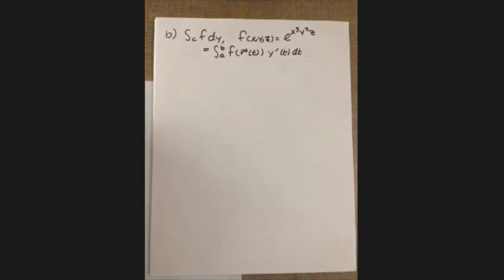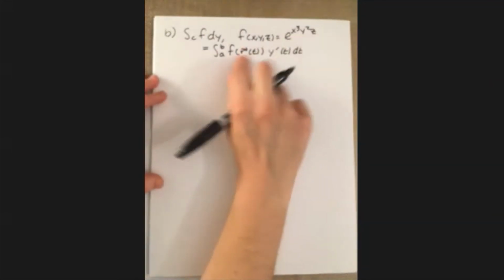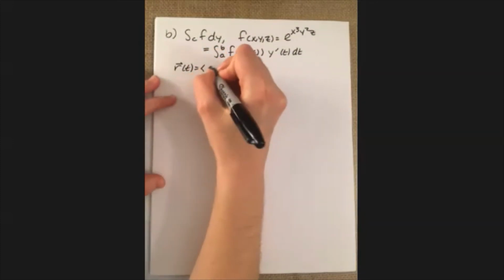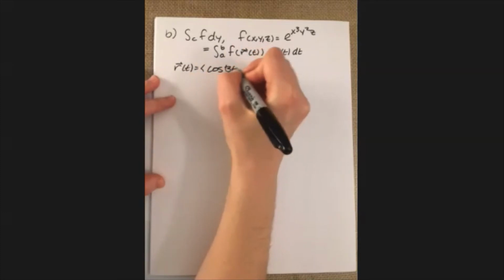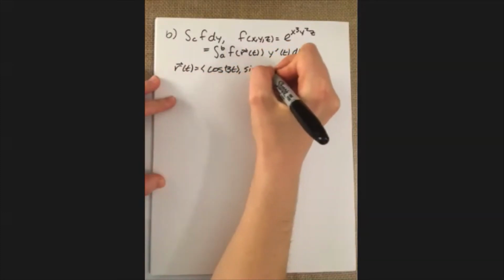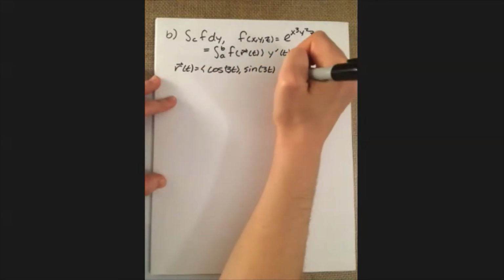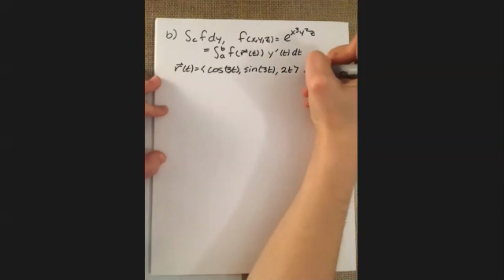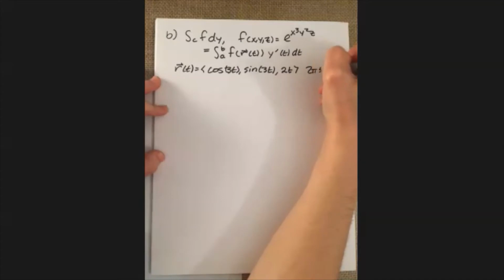Now, our curve, once again, was already parameterized for us. It's r of t equal to cosine of 3t, sine of 3t, and then 2t, and t is between 2 pi and 10 pi.